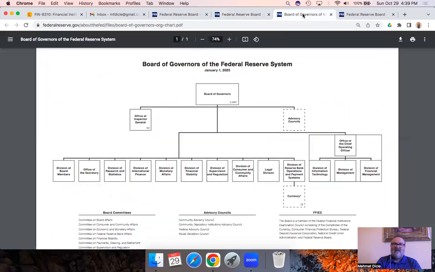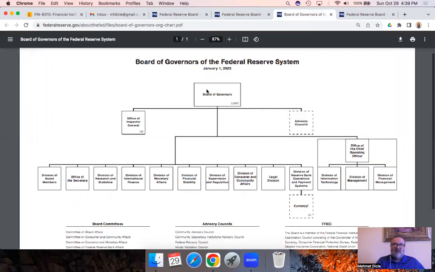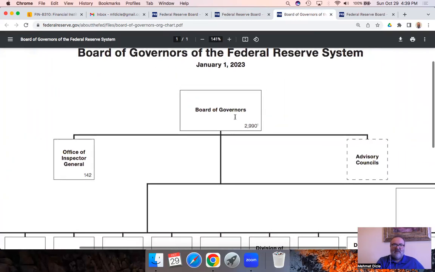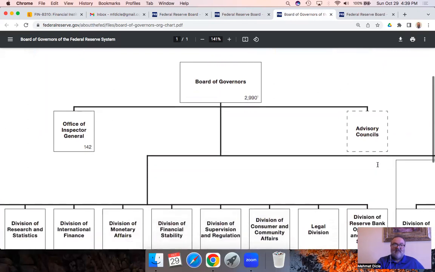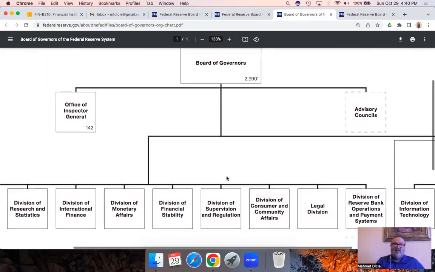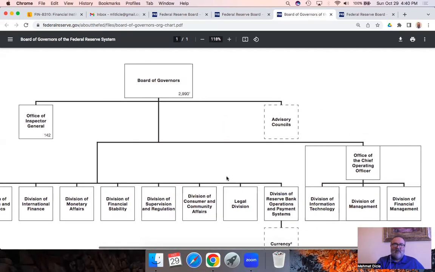And here's a chart for the Board of Governors of the Federal Reserve System. So you have the Board of Governors, and then the Office of Inspector General, and then you have the Advisory Council. Within that, you also have the Office of the Chief Operating Officer, Division of Information Technology, Division of Management, Division of Financial Management.